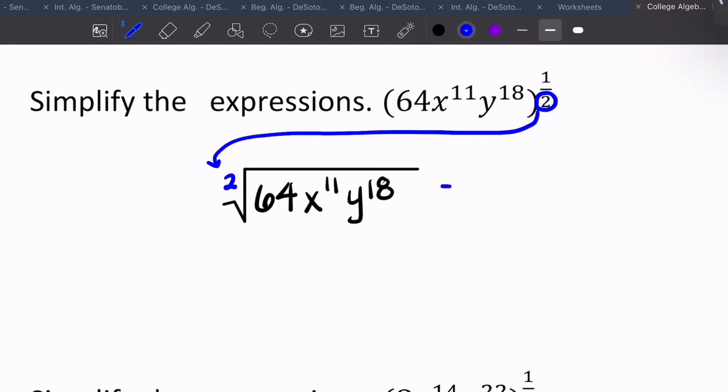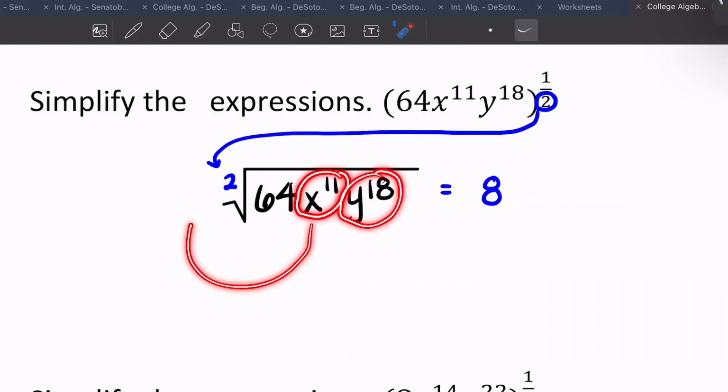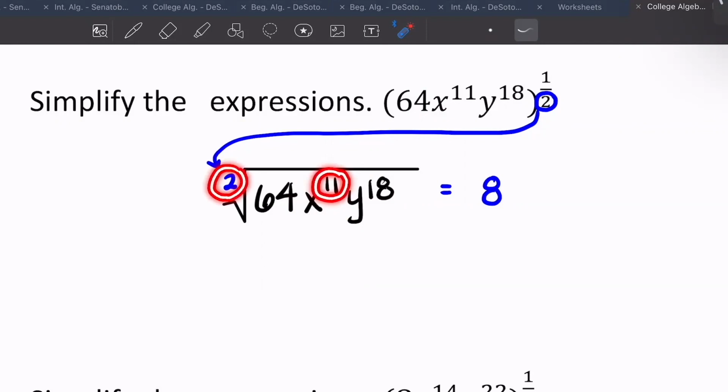Well, our number is easy. The square root of 64 gives us 8, no problem. Then we have to think, all right, I have x to the 11th, y to the 18th, and I need to get these outside the house, like we like to say. How we do that is we take our exponent and divide it by the root that we're taking.